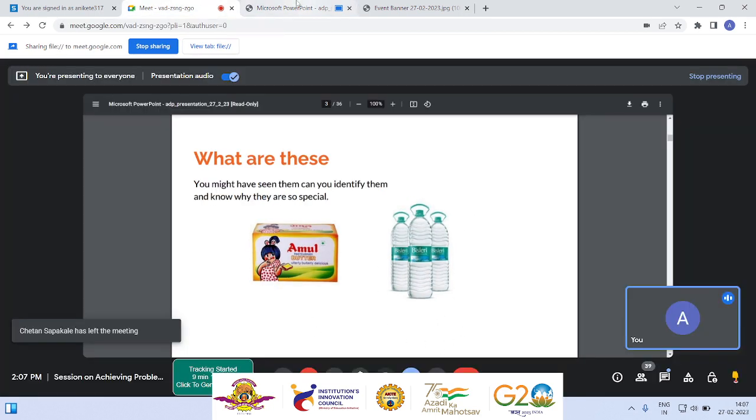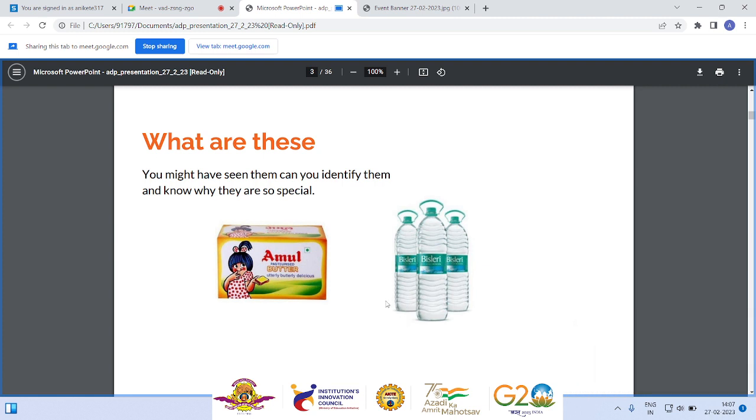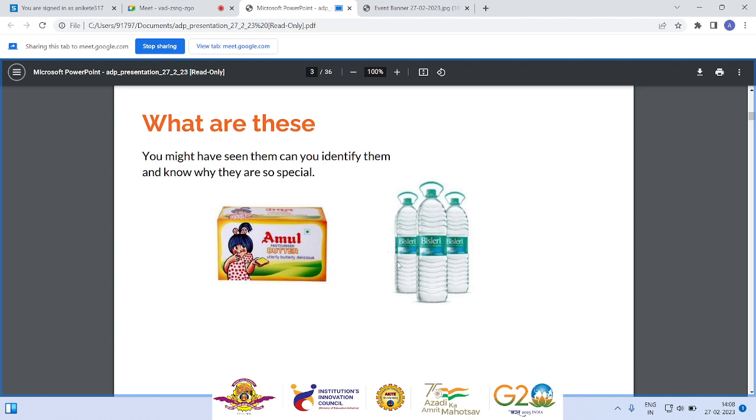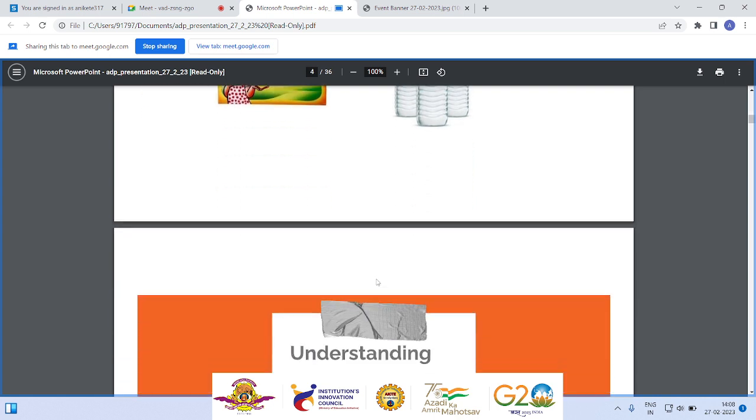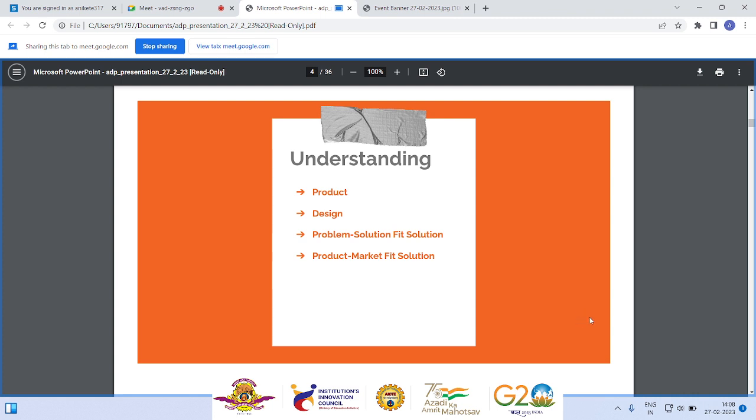And the two things that are being discussed in today's session are the most important questions, the most important problems that startup companies face when they are trying to deliver their product. That is the most common situation that they face. So, for understanding this, there are things to be understood.